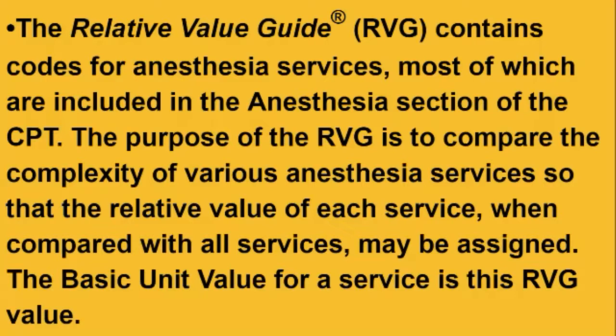But when you do general surgeries in general anesthesia, then your complexity actually raises. So it wouldn't be fair to charge the same thing for a local as you do a general. So this RVG is used to compare the complexity and all the different CPT codes and all the different levels of complexity. So that is what this relative value guide does. It just compares prices.